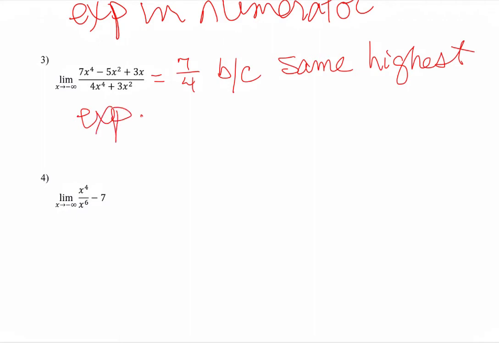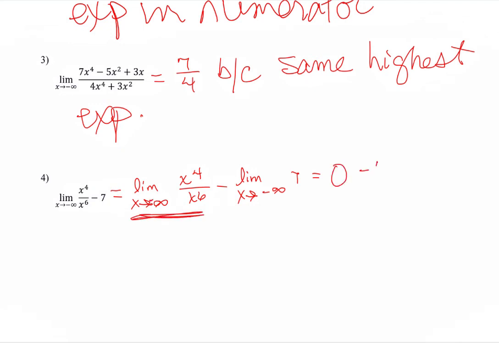Okay? Now, this last one is a little more difficult. This equals the limit as x goes to negative infinity of x to the 4th over x to the 6th minus the limit as x goes to negative infinity of 7, equals, here the first term is 0, minus this term is 7, so the answer is negative 7.